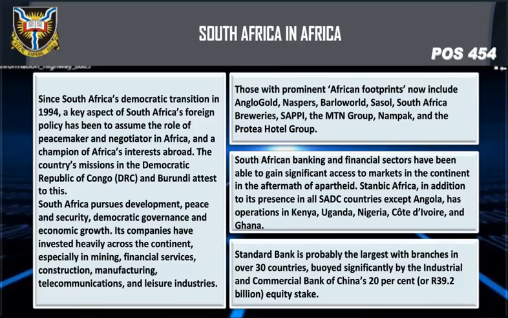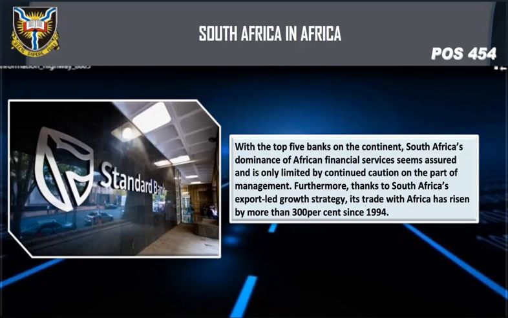Standard Bank is probably the largest with branches in over 30 countries, buoyed significantly by the Industrial and Commercial Bank of China's 20% or 39.2 billion rand equity stake. With the top 5 banks on the continent, South Africa's dominance of Africa financial services seems assured and is only limited by continued caution on the part of management.